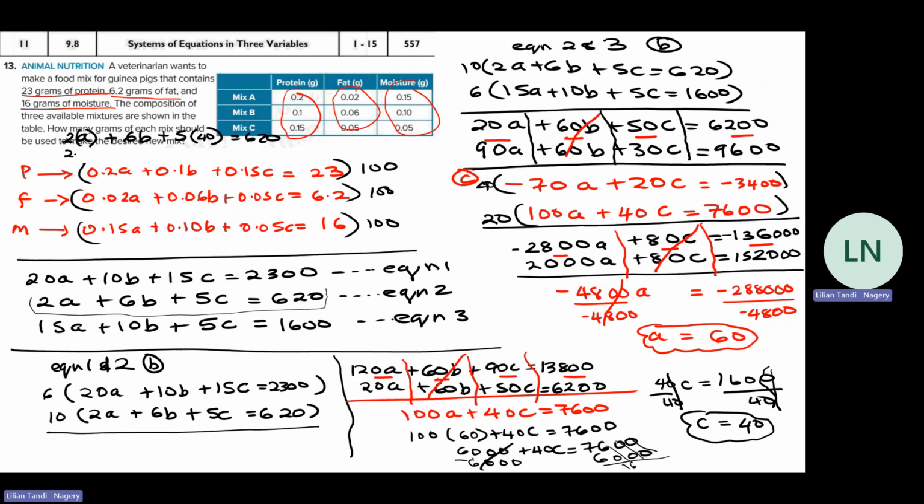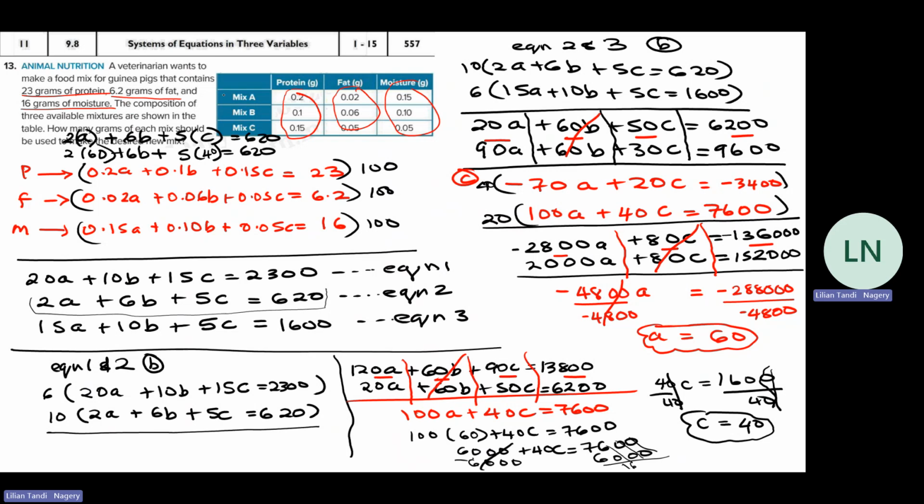So 2 times 60 plus 6b plus 5 times 40 equals 620.